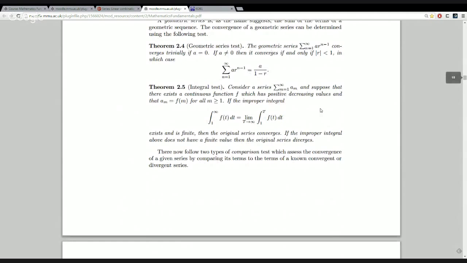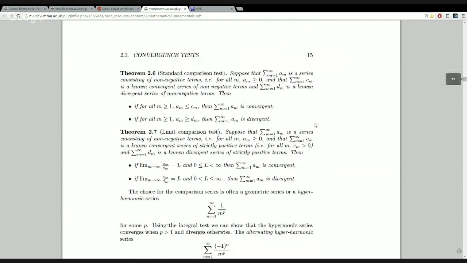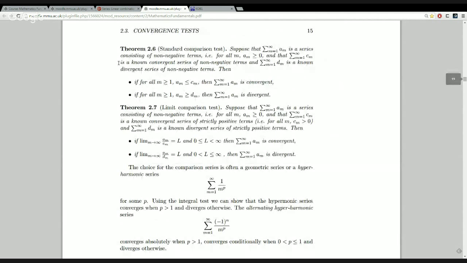Then there's an integral test, which can detect convergence and divergence by comparison with integrals. It doesn't ever tell you the actual value of the infinite sum. We've got 2 kinds of comparison tests. What the comparison tests do is, if you already have a known series, a series that you know converges or diverges, you can use that as a comparison to the series in question.